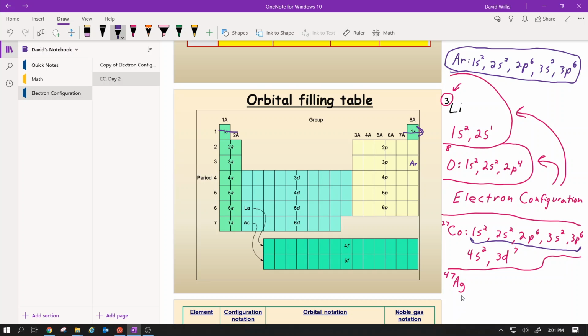So what if I take cobalt and abbreviate it argon, which I let stand for all this, and then I just pick up with 4s2, 3d7. Okay. Hey, that's a lot shorter.